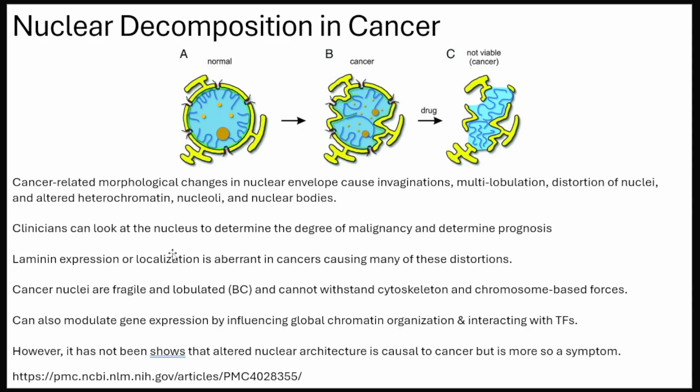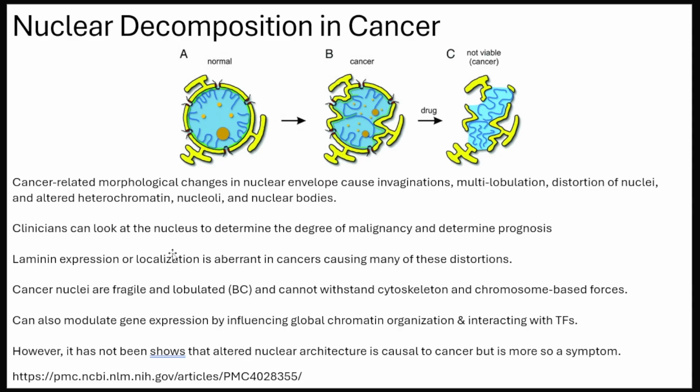And clinically, doctors or pathologists can look at the nucleus and its structural morphology to determine the degree of a cancer malignancy and assess your prognosis. If it's a lot more weird or aberrant, then the further stage your cancer is in.